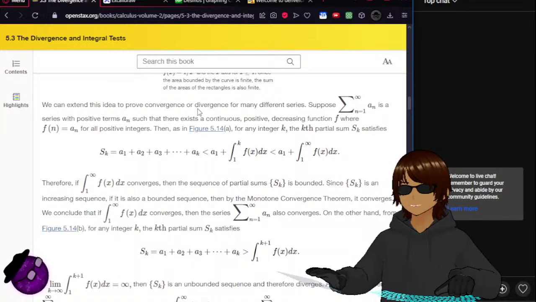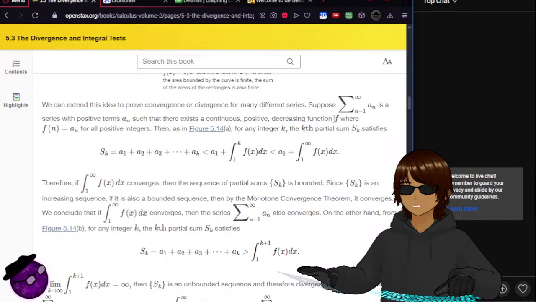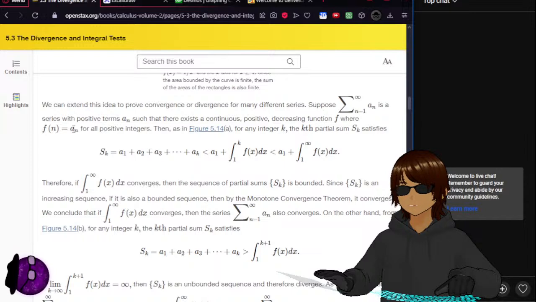You can extend this idea to prove convergence or divergence for many different series. Suppose the sum is a series with positive terms a n such that there exists a continuous positive decreasing function f, where f of n is equal to a n for positive integers.